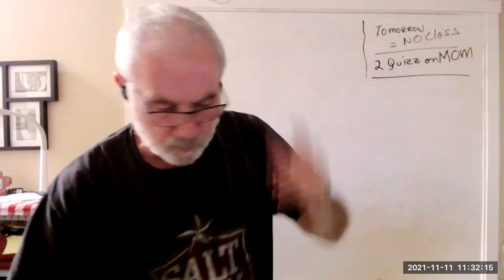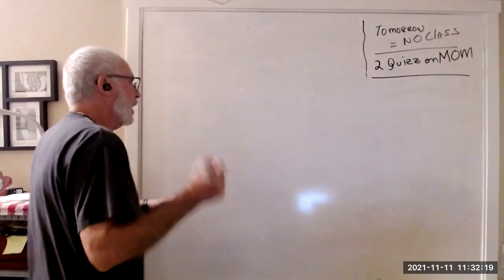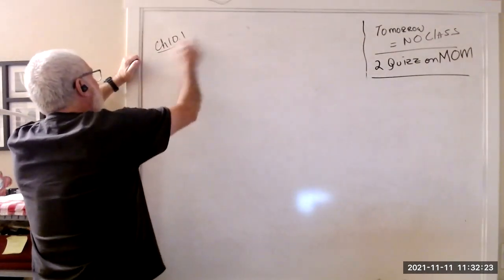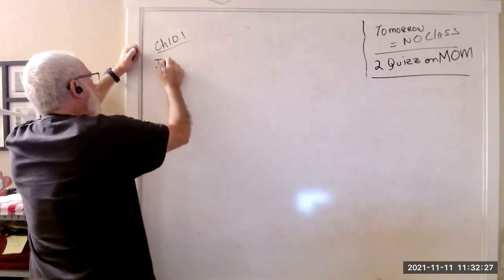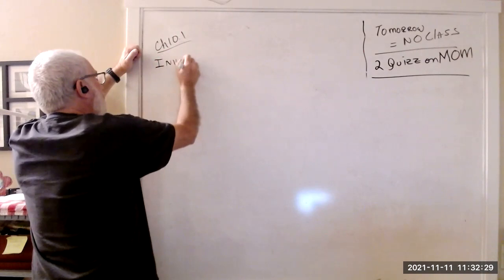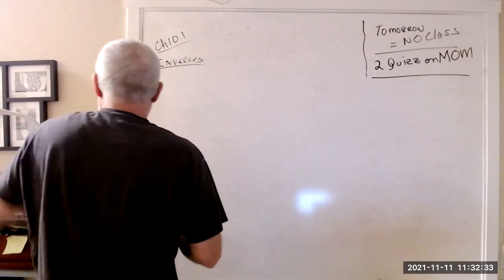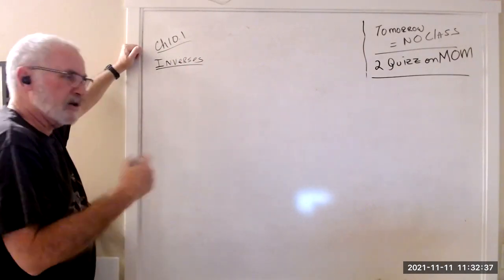All right. Way back at the beginning of chapter 10, I'm pretty sure it's 10.1, we talked about inverses. And I gave you a list of steps to find inverses.